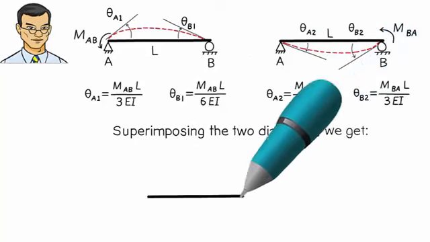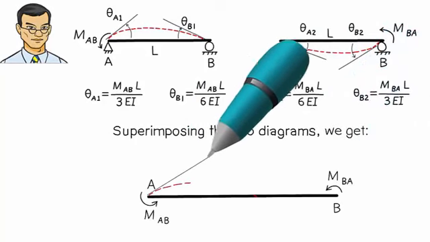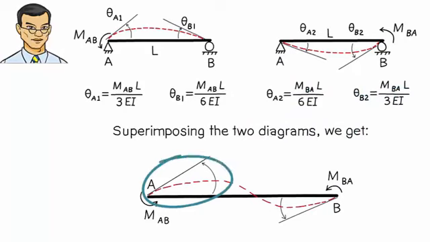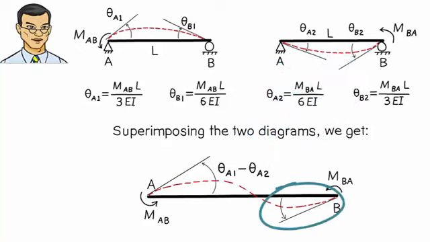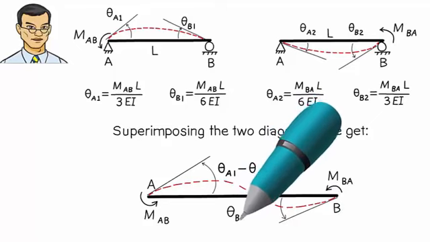We get this diagram, where this rotation can be written as theta A1 minus theta A2, and this rotation can be written as theta B2 minus theta B1.